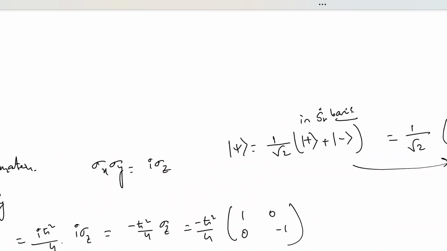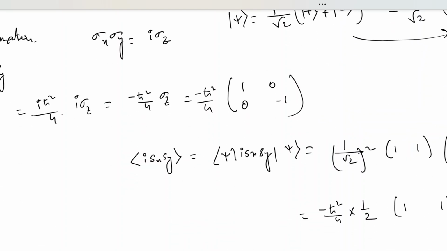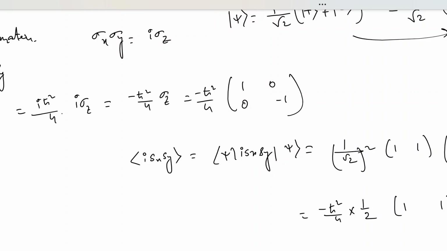So like that, minus ħ squared by 4 into half, 1 1, this is 1 plus 0 0 minus 1, this is minus ħ squared by 8, 1 1 times 1 minus 1, which is minus ħ squared by 8 times 0.